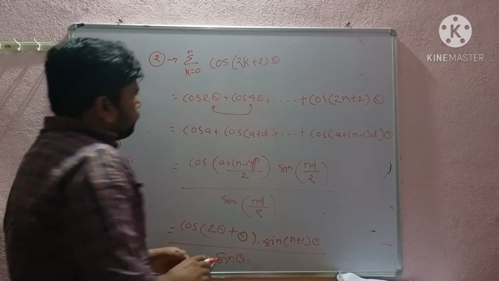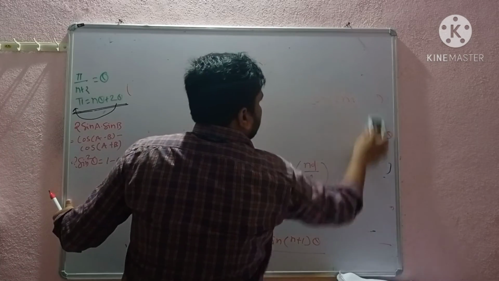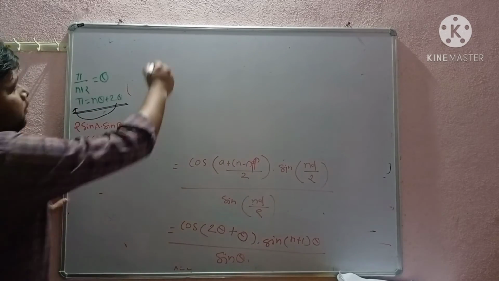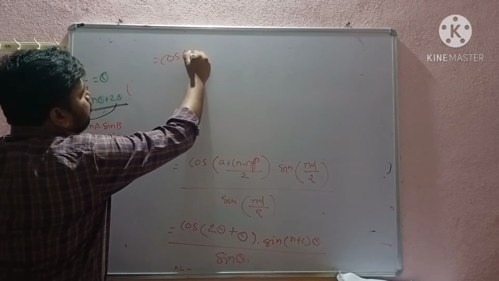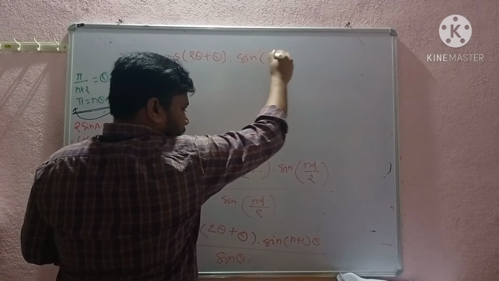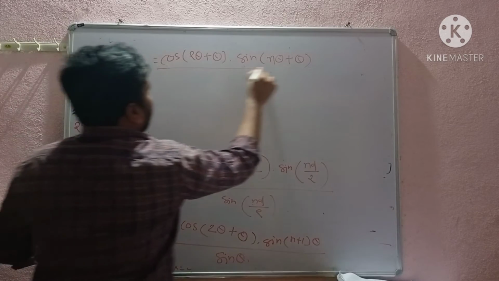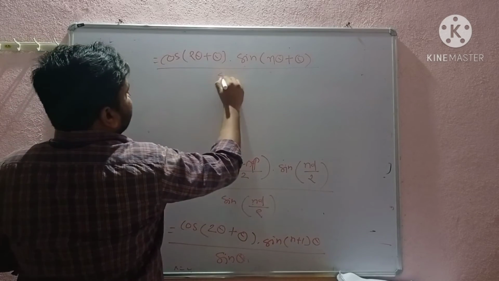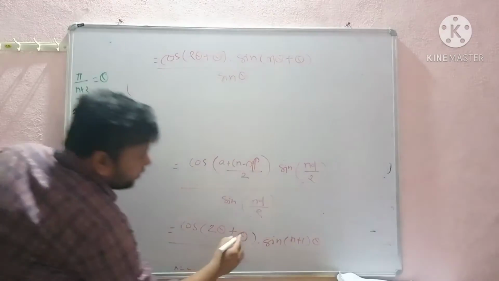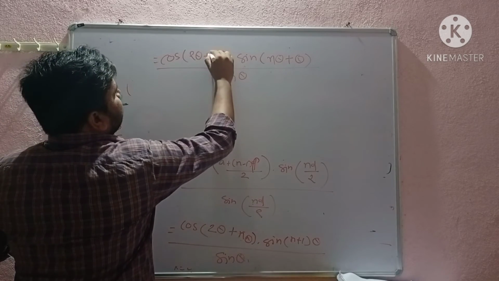Now we will solve the next steps for this. We will solve now cos (2 theta plus theta) into sin (n theta plus theta) divided by sin theta. Sorry, there is one mistake here, n is missing. Here it is n theta, so we have to keep n theta.